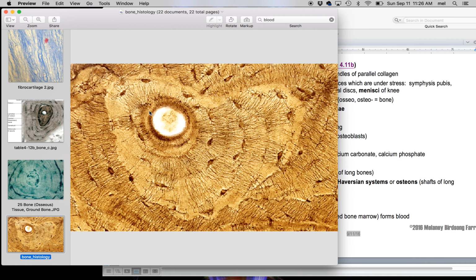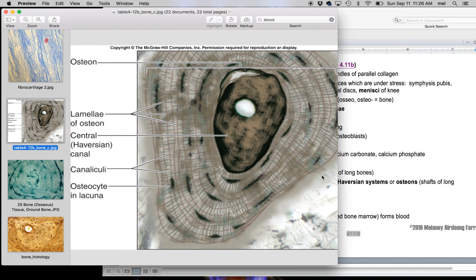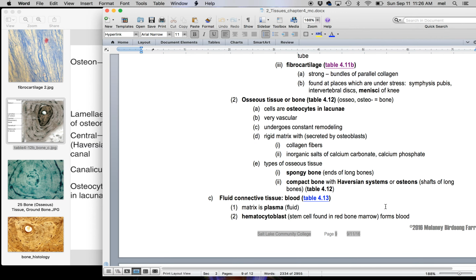And then making the way out to the osteocytes is going to be a series of canaliculi. And then the entire structure, each time you start running into the edges, is called an osteon, and you'll have a bunch of osteons in a bone slide. Okay, so that tissue is the most difficult to label, so you're going to have to practice that one.